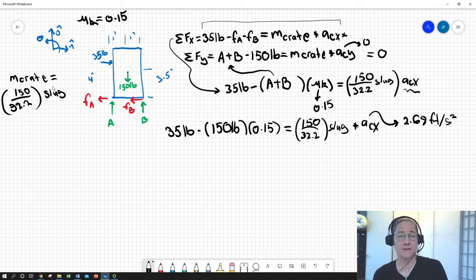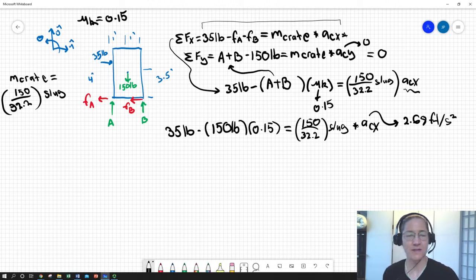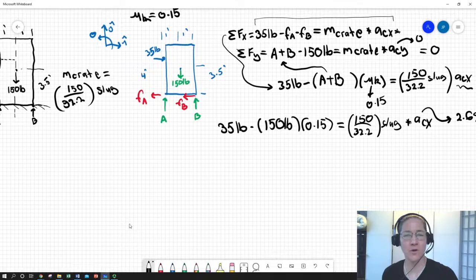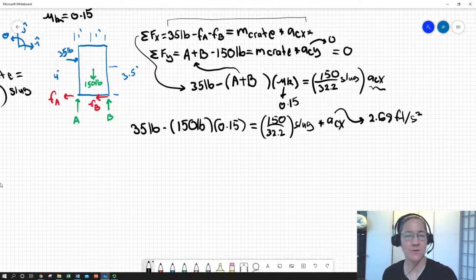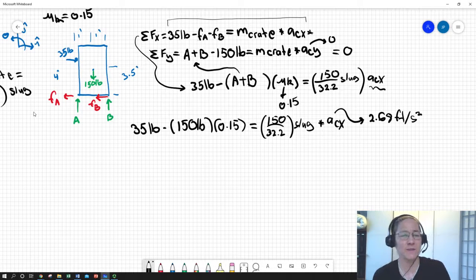Okay, so that's kind of the easy part of this problem. Now we need to use rotation to get at the rest of it. So now we need to look at what's happening in terms of the sum of moments and in terms of rotation. So we can go ahead and write an expression now dividing up.